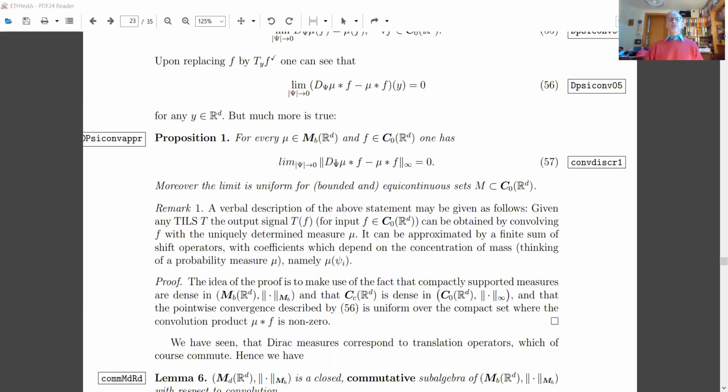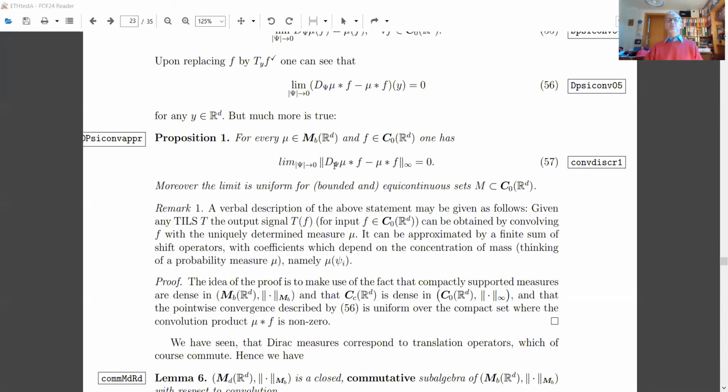a finite sum. So this also tells you any system can be simulated, if you're only interested in one or finitely many specific input signals, or actually a class of signals which have equal quality in terms of equicontinuity, but that's a bit too far now, by a convolution with coefficients. And these coefficients are drawn from the measure, the functional.